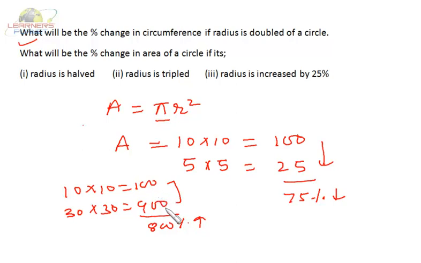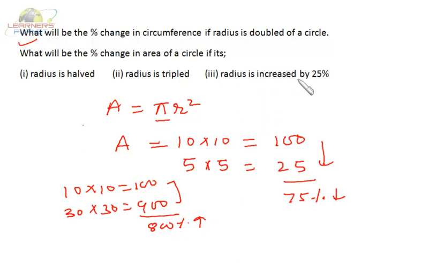What is the new radius, or how many times the new area will be of the original area, is also asked. So the new area will be 9 times the original area, and there is an 800% increment in the area. So you should be clear about both the concepts, how many times the area is increasing and how much the area is increasing. Okay, I hope you are clear.